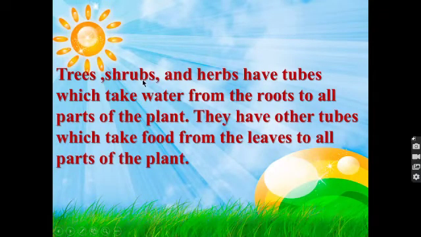Trees, shrubs, and herbs have tubes which take water from the roots to all parts of the plant. They have other tubes which take food from the leaves to all parts of the plant.